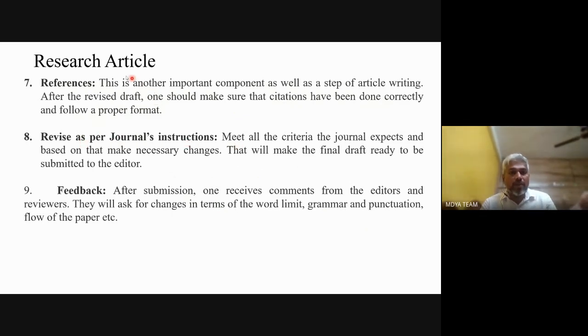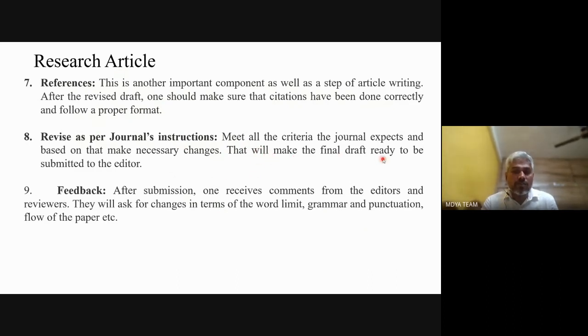When you have completed all your 7 steps, you submit this to a journal. The journal sends it for peer review, meaning people from a particular domain who belong to the journal review your article or research paper, and give suggestions, comments, or instructions. Then you edit that document according to them and submit it again.